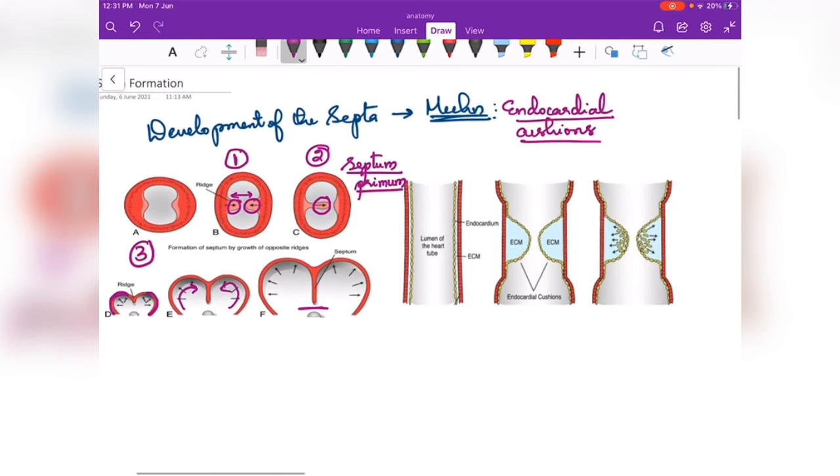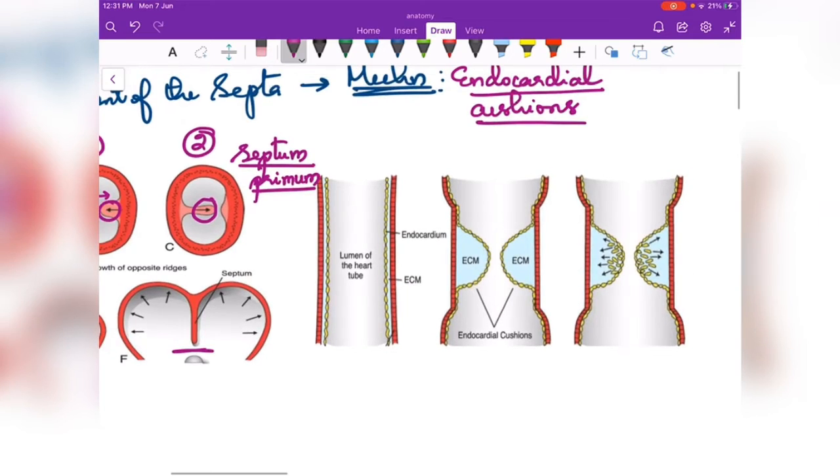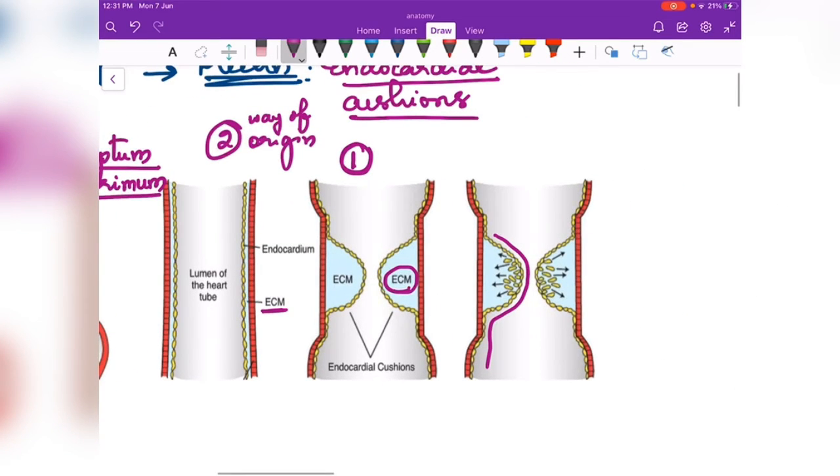Now, how is the endocardial cushion formed? We talked about the mechanism; now there are two major ways of origin. One way is that the extracellular matrix proliferates and increases in amount.